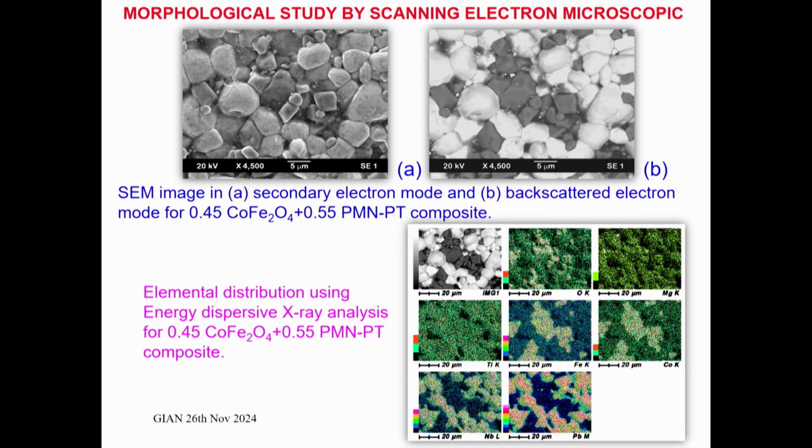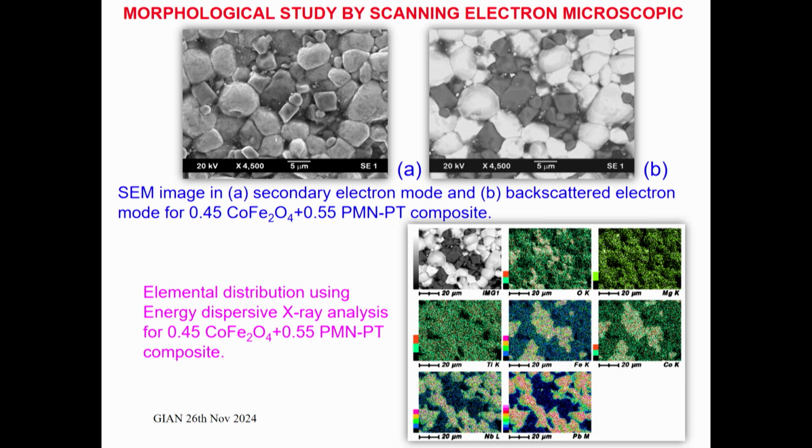Now, here we did the elemental mapping, and based on this elemental mapping, for example, this is Pb, we did the analysis for Pb, and you can see in these regions this is lead, and it belongs to the white grains.